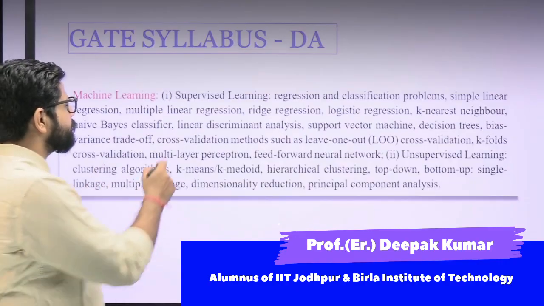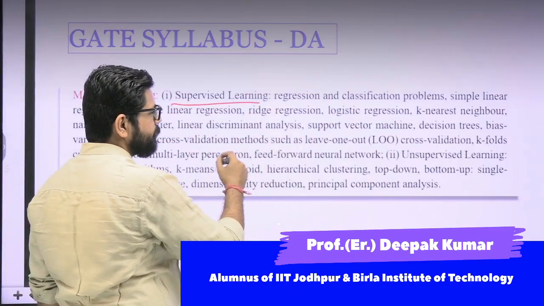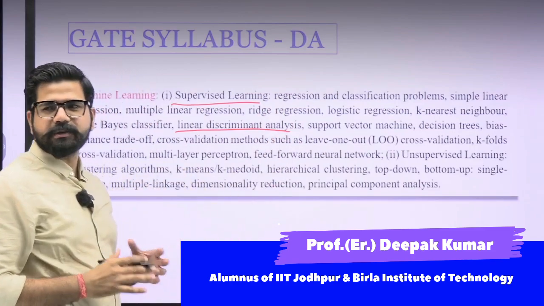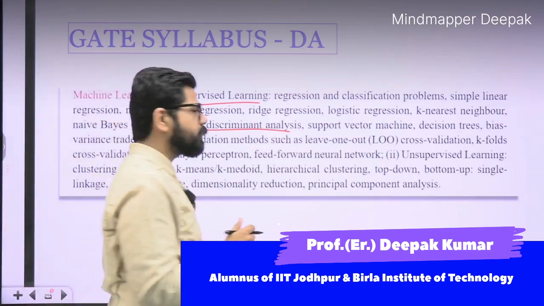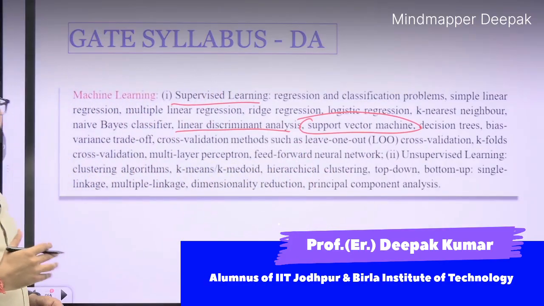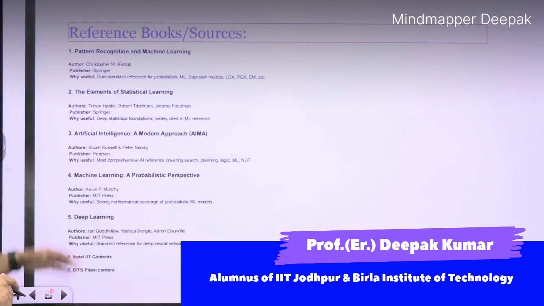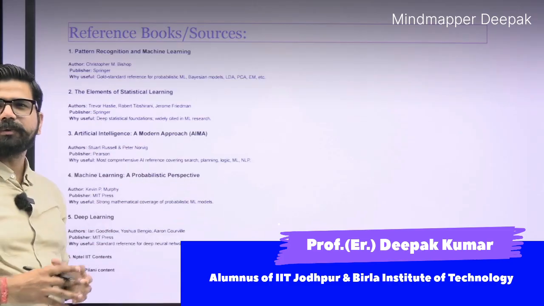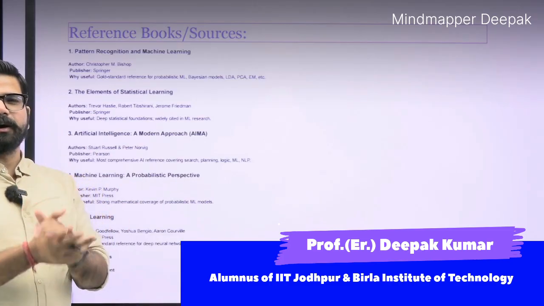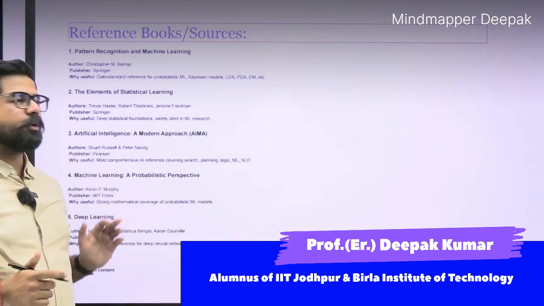So till now we have completed supervised learning. We are on LDA. This is your last unit with us, and in this unit we will proceed with the support vector machine. How does the support vector machine work and what is its use? These are some reference books, because most of you are asking me again and again what reference books to follow for your preparation for GATE and the AI and ML segment.